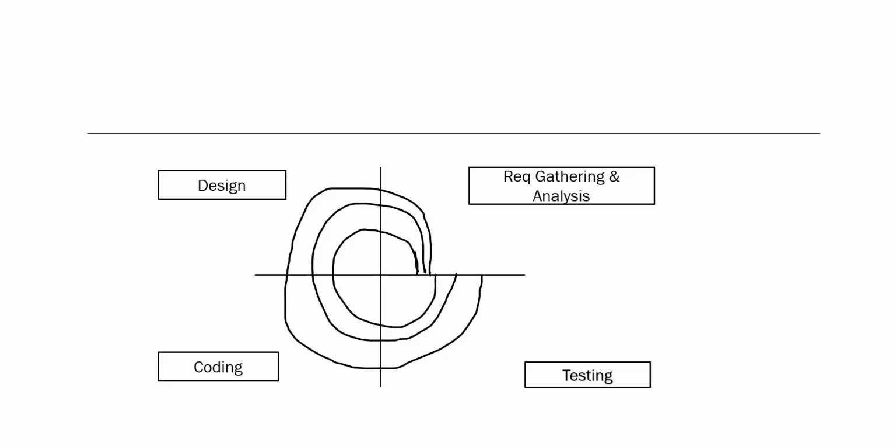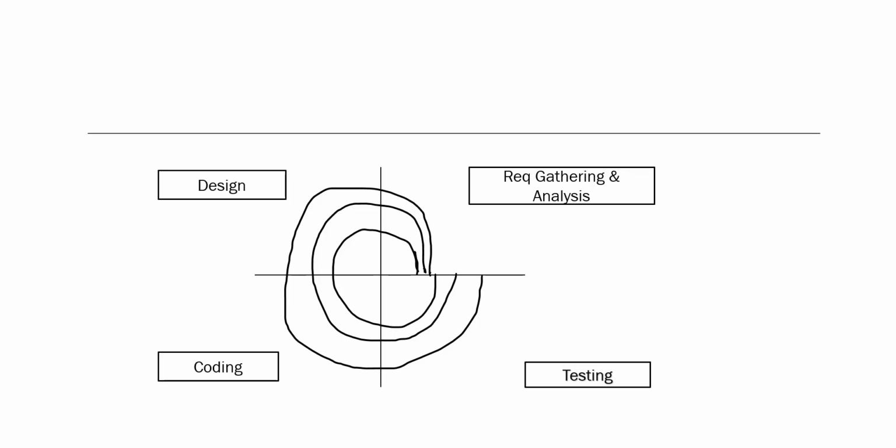We use the spiral model in projects whose requirements are not very clear, and for complex requirements also, as we can change the requirements after completion of one module, as I told you. Each phase of the spiral model begins with a particular goal, and when it completes, we finish with the client review. When one module is completed, if everything is fine, we release it to the client and start again with the second module.